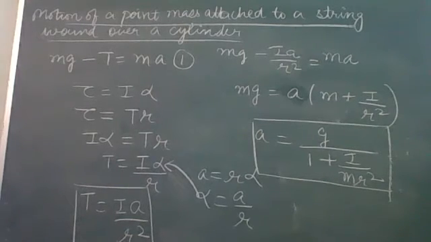Any doubts? Okay, so last article: motion of a cylinder rolling down an inclined plane without slipping. We are going to derive the condition so that a cylinder rolls down an inclined plane without slipping.